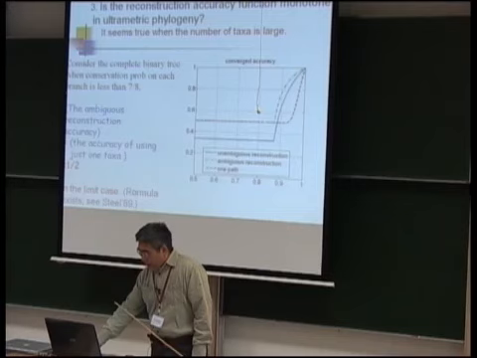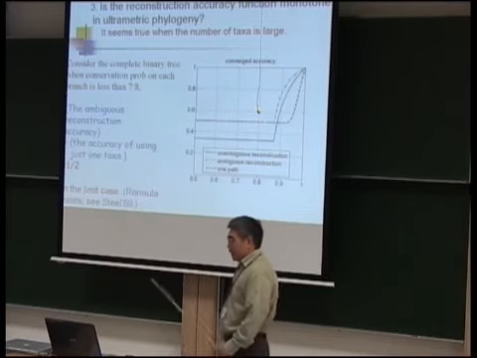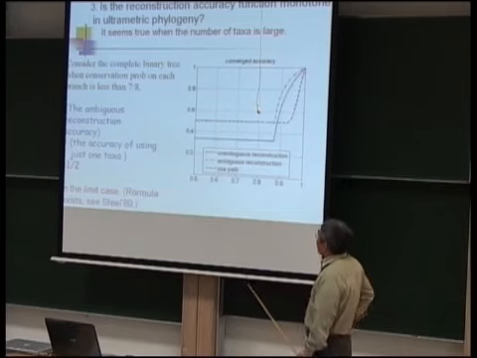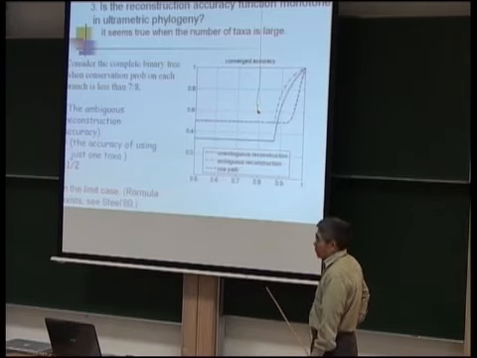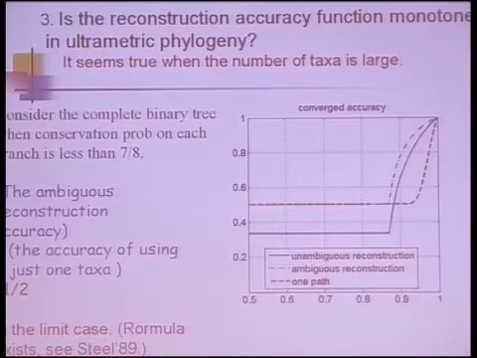Another third problem is whether the reconstruction accuracy function is monotone in ultrametric phylogeny. It seems true when the number of taxa is large, because when there are only 2 leaves, this is the unbalanced tree we considered. This is technical.